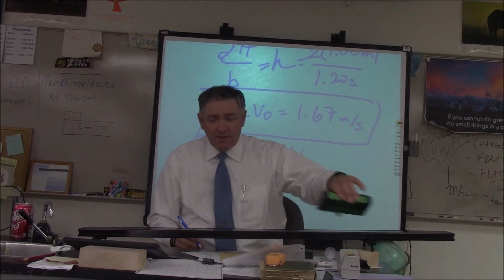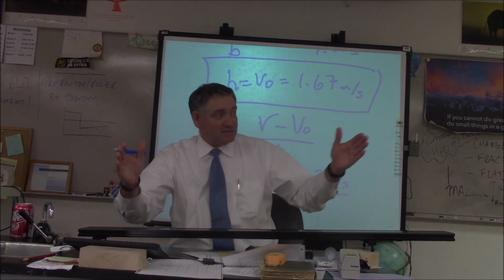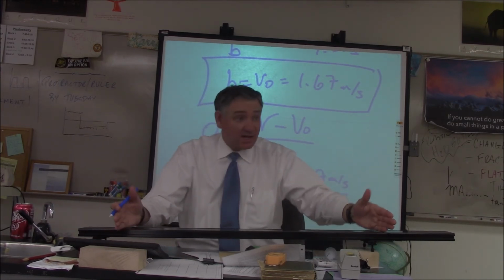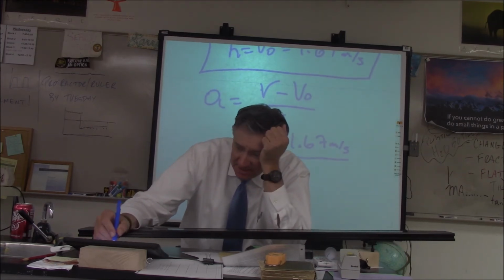So I'm going to go from 0 minus 1.67 meters per second, over time. And again, that's going to take that 1.20 seconds. It's going to take half my time, right? So, Macy, take negative 1.67 and divide that by 1.20 seconds.